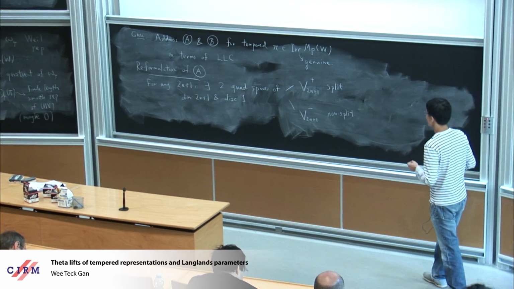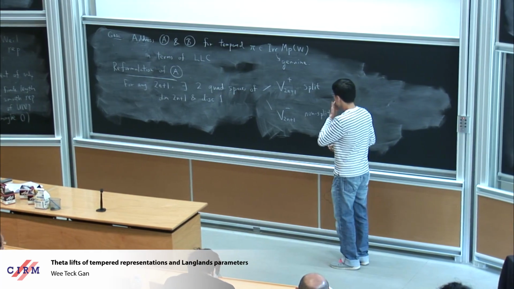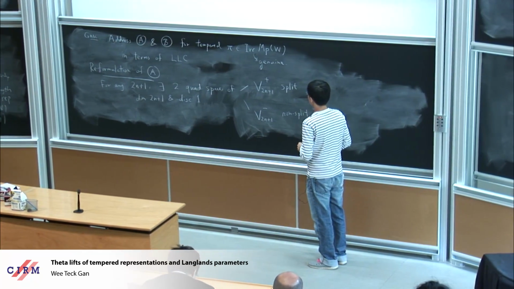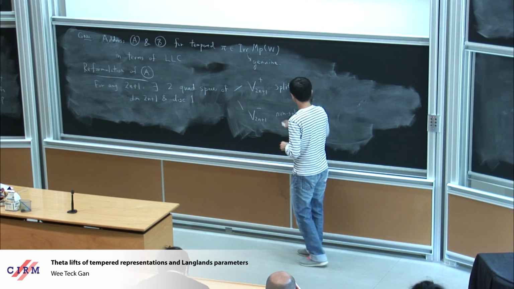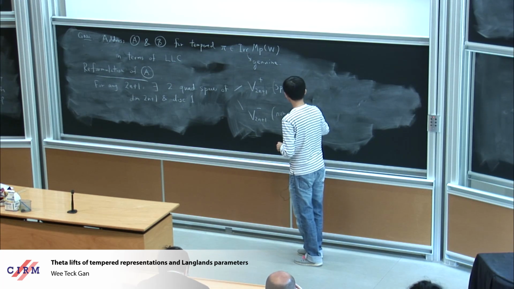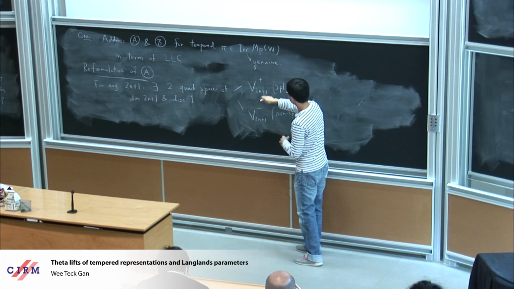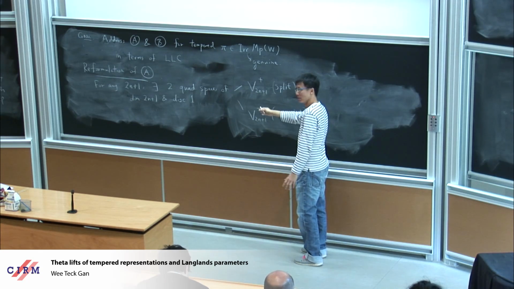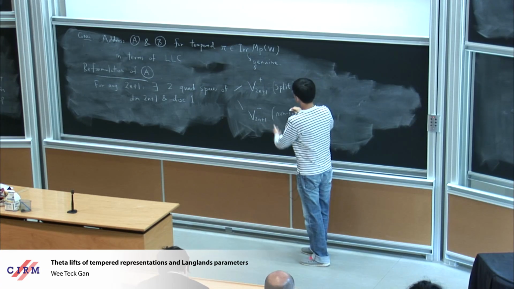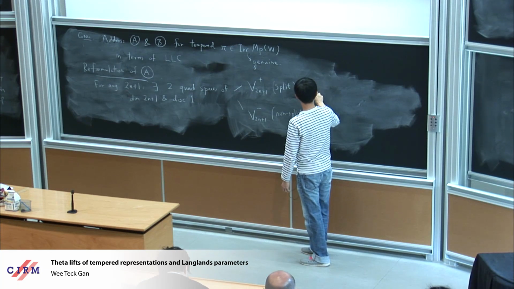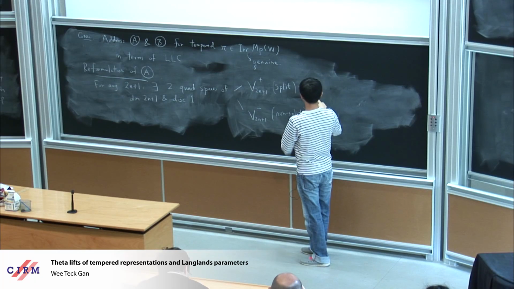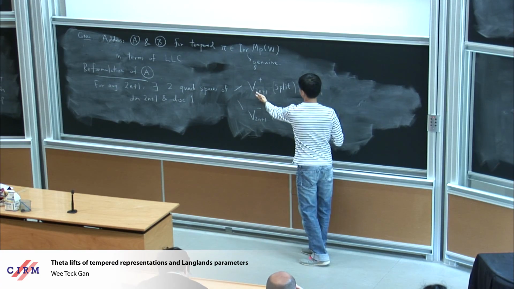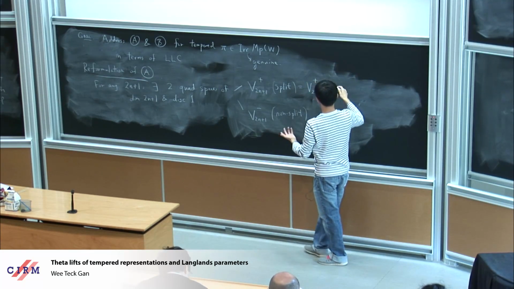They're just these two. Of course, as n varies, you get a whole family of the plus spaces and a whole family of the minus spaces. For example, to get this one from this one, you simply add a hyperbolic plane.